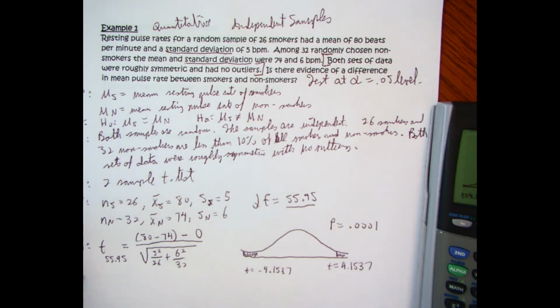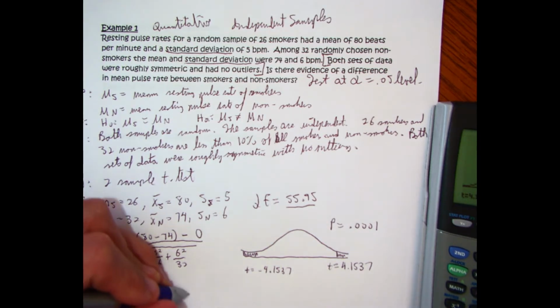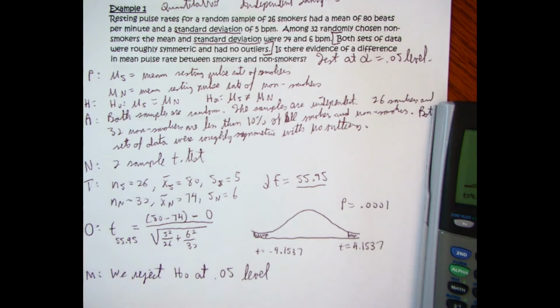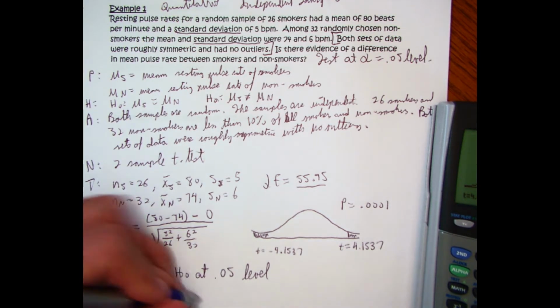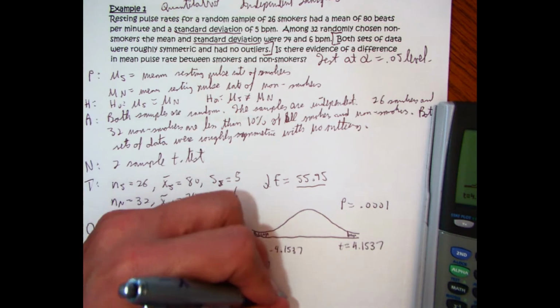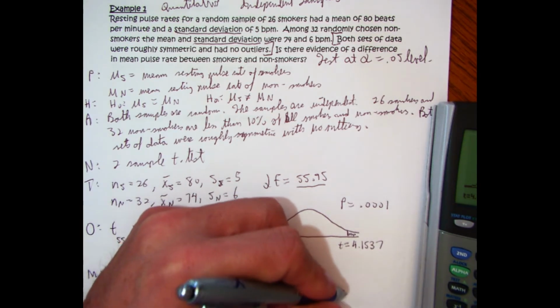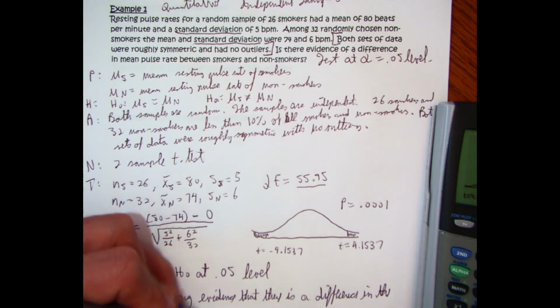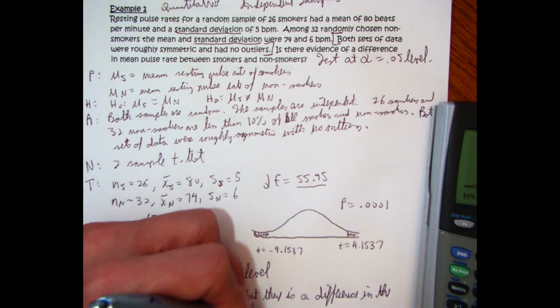So we're going to make a decision, and we reject H sub o at the 0.05 level, and state the conclusion: there is strong evidence that there is a difference in the mean or average resting pulse rates of smokers and non-smokers.